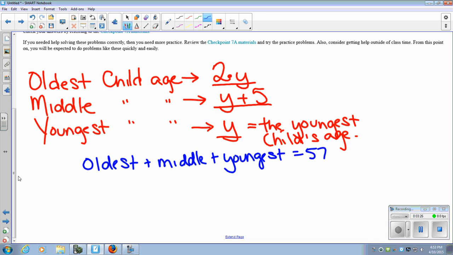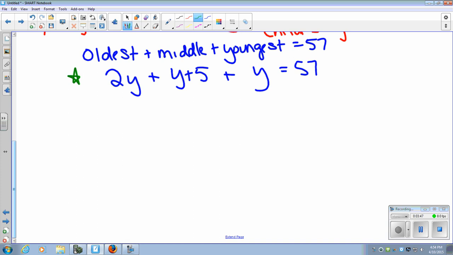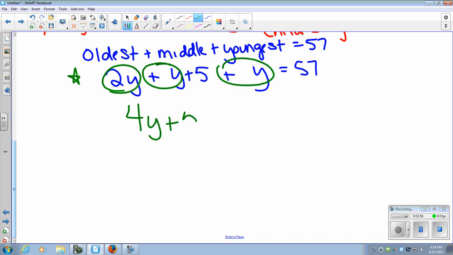I don't know what any of those ages are, but I do know that we decided to let the oldest be 2y, the middle child's going to be y plus 5, and the youngest child's going to be y. Now I have an equation that looks familiar. I can solve an equation like this. I'd start by combining like terms. I have 2 y's plus another y, that's 3y, plus another y, that's 4y. 4y plus 5 is 57.